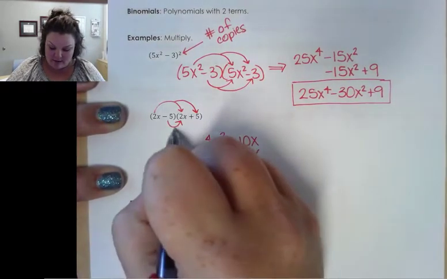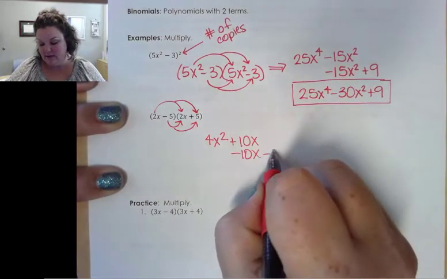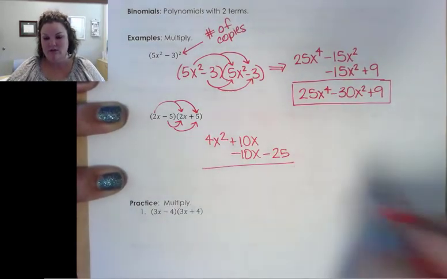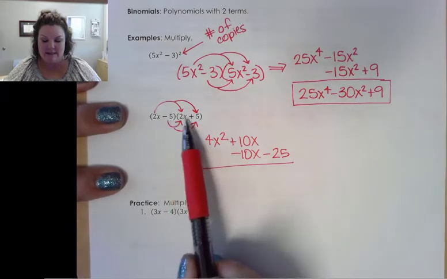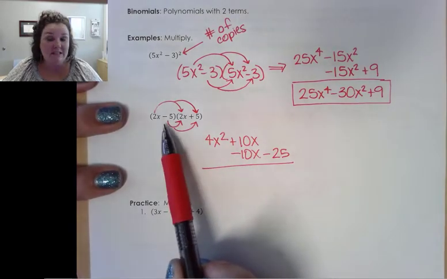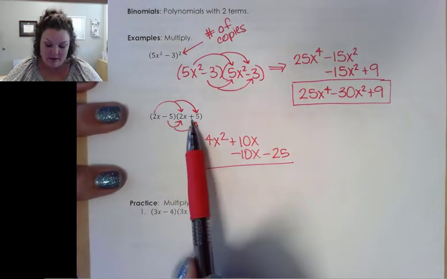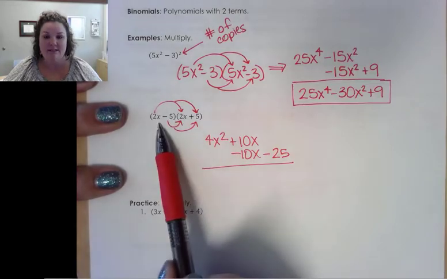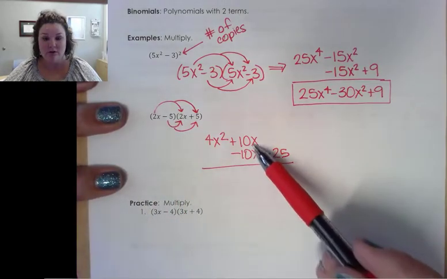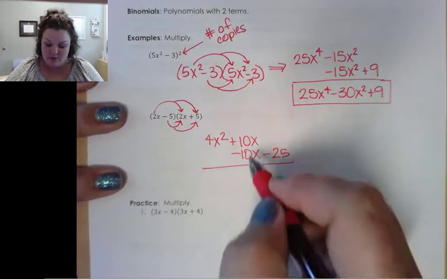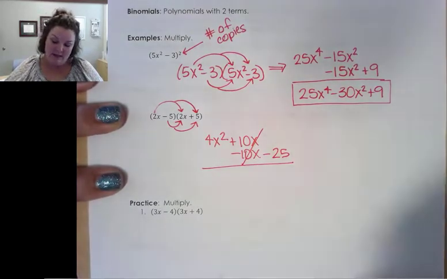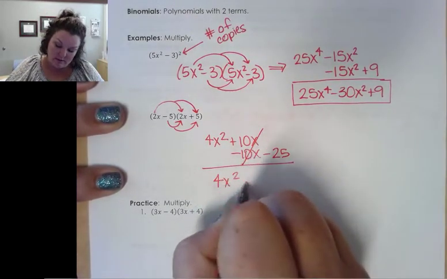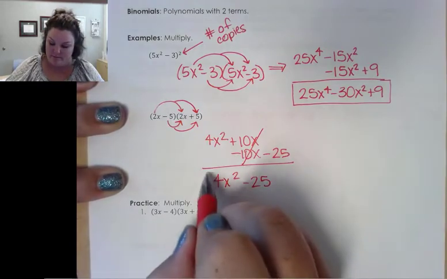And negative 5 times positive 5 is negative 25. So what happens when you have two identical quantities, the only difference being the sign in the middle, is that those signs being opposite will always ensure that these middle terms are opposites. So they're actually just going to cancel out. And I'm left with 4x squared minus 25.